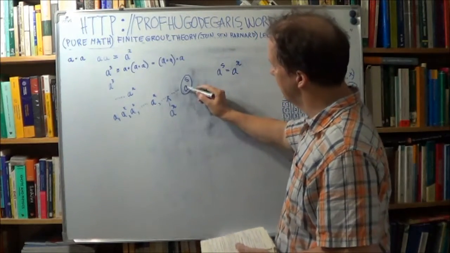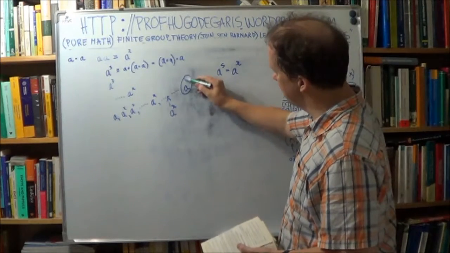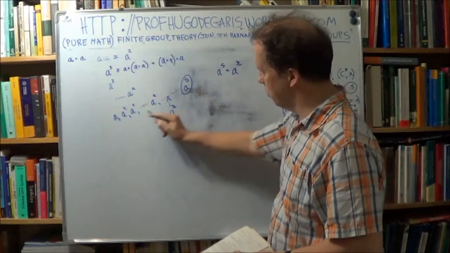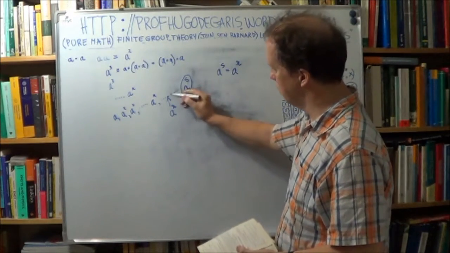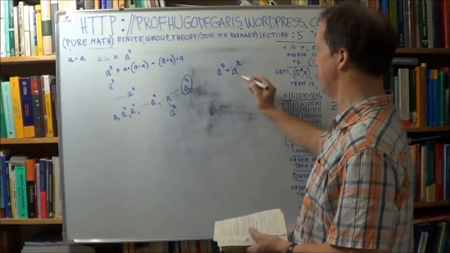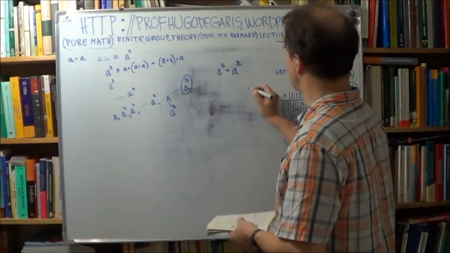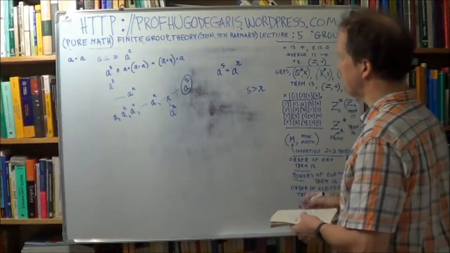A to the S is A by A, S times. So whatever this result is, it must be equal, sooner or later, to one of the previous ones. So let's say the previous one is A to the R. So you have this. Now let's assume that S is greater than R.